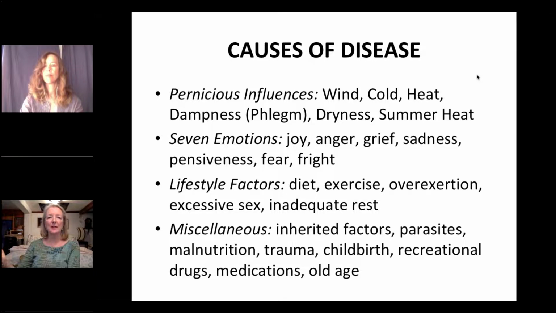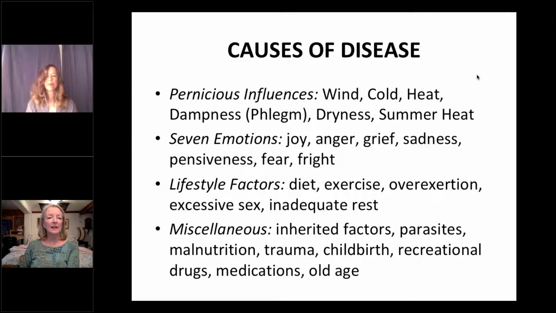So for right now, we're talking about the pernicious influence, sometimes called the six evils, where they are driving into the body and causing a condition. So if you have it blowing into the body, wind, you want to use herbs that take it out of the surface of the body. And those would be typically our diaphoretics because they open the surface, which releases whatever is trying to invade there.